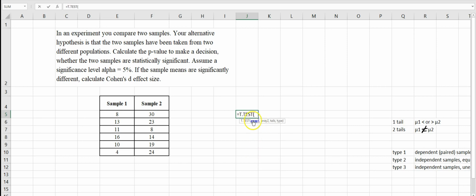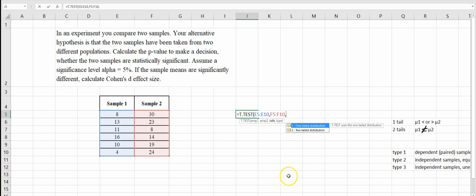So we click on that and the program tells us what it actually expects us to enter. So the first parameter here is array number 1, and that refers to the data set for sample 1, separated by a comma. Then we have array number 2, and here that is the second array.